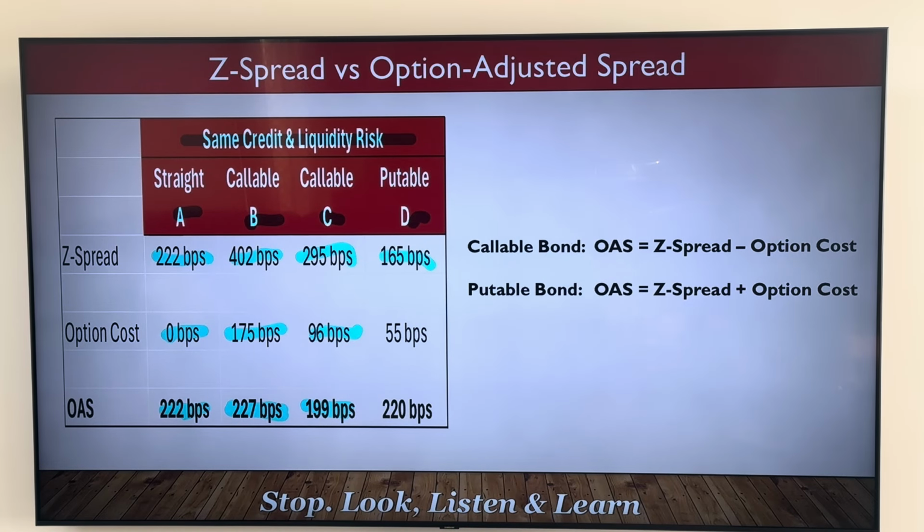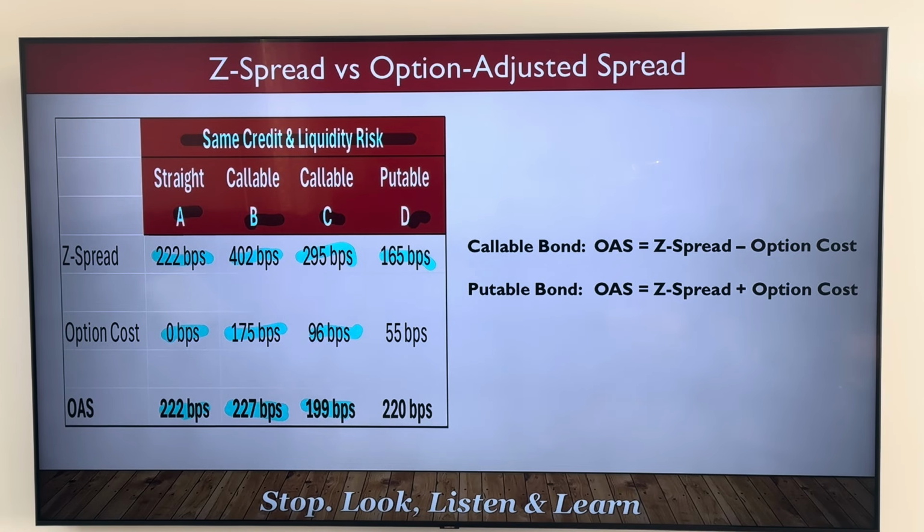That 165 basis points is the compensation that the bondholder owning bond D would receive. That is net of the cost of the option that the bondholder would have, which in this case would be a put option, or the right to put the bond to the issuer.